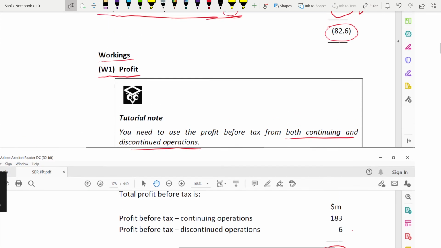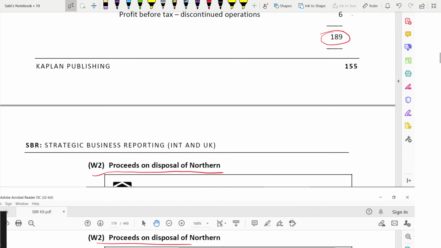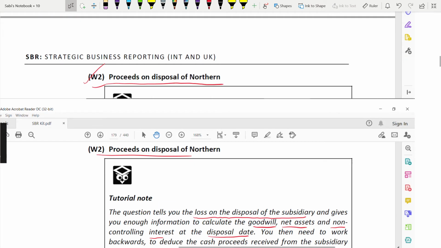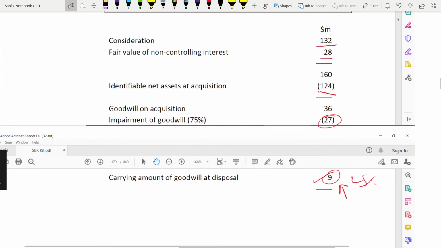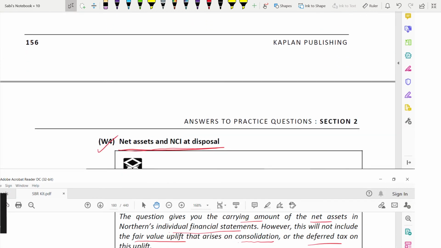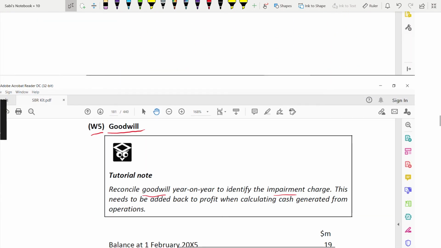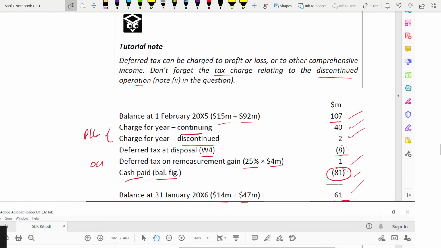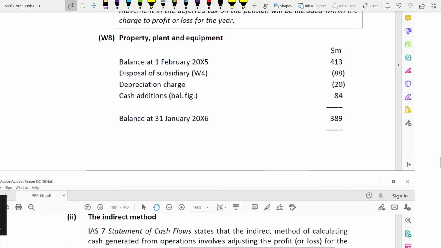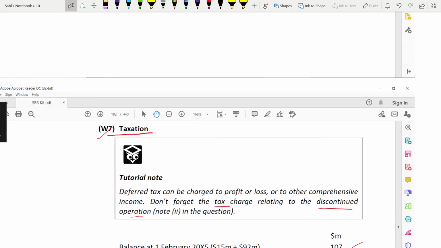Let me take stock: working 1 is over, working 2 is over, working 3 is over, working 4 is over, working 5 is over, and 7 is also over. So we are left with working 6 and 8, 2 more workings.